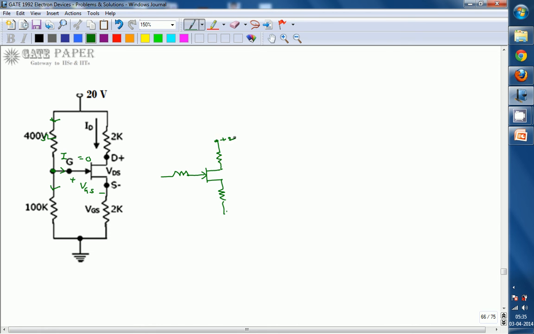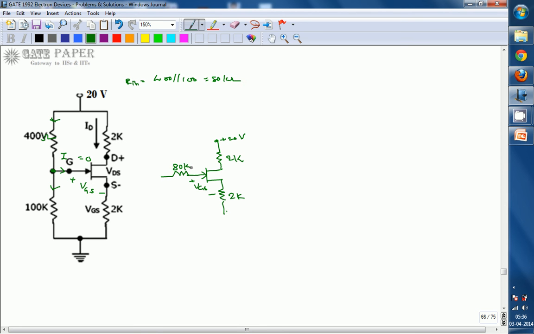This is plus 20 volts, and it is 2 kilo ohms, and this is again 2 kilo ohms. This is VGS, with plus and minus. It is 400 kilo ohms parallel 100 kilo ohms, which is nothing but RTH equal to 80 kilo ohms.